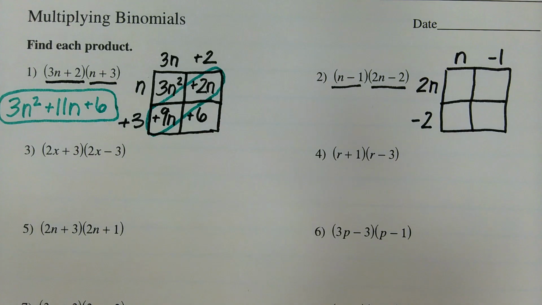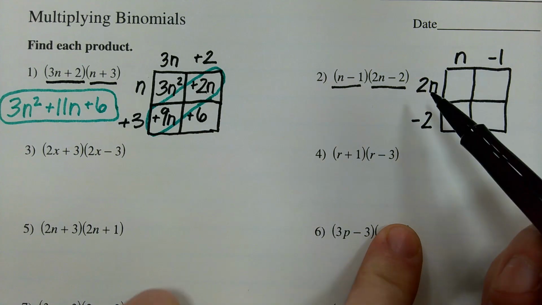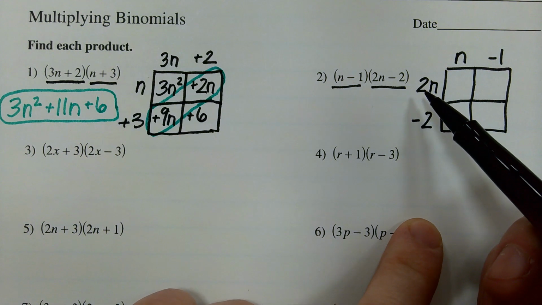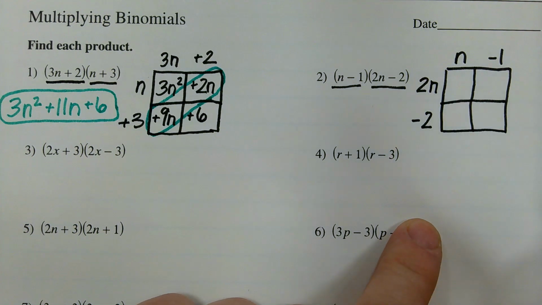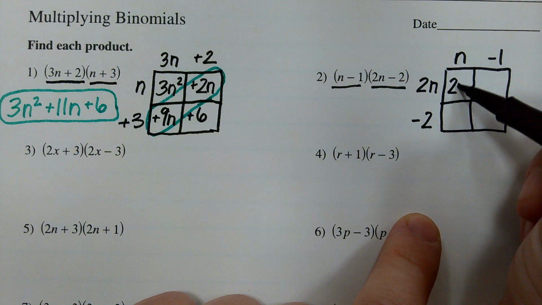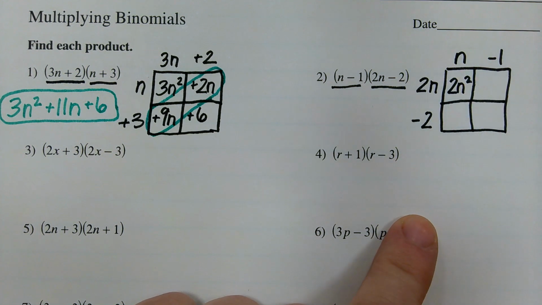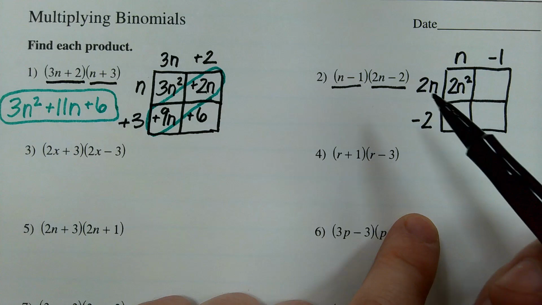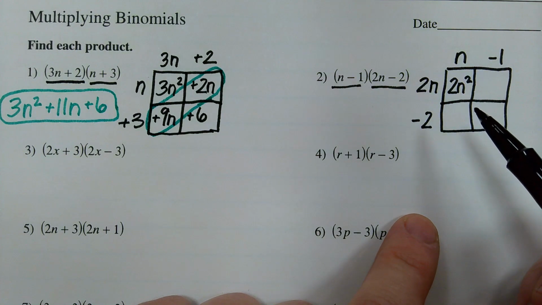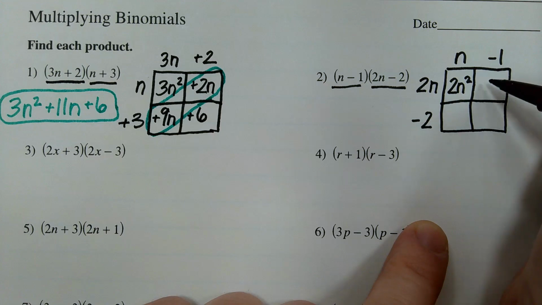So now we're just going to multiply across. We'll start with 2n. So what is 2n times n? 2n squared. Good. Perfect. Okay. Let's look at the next part. What is 2n times -1? Yes, good job, guys.